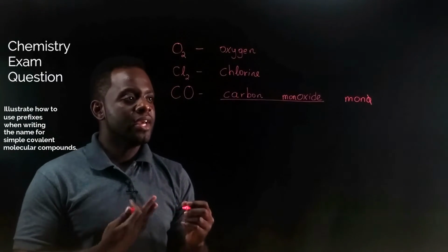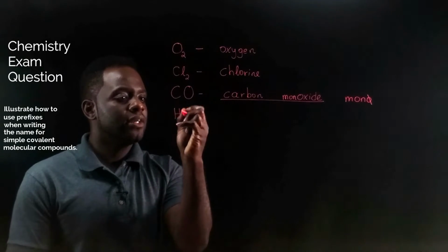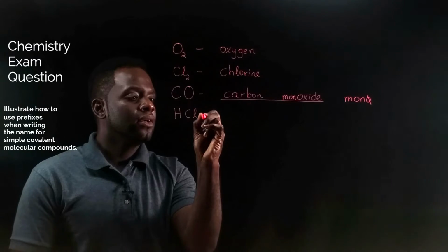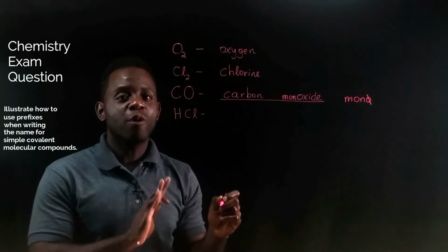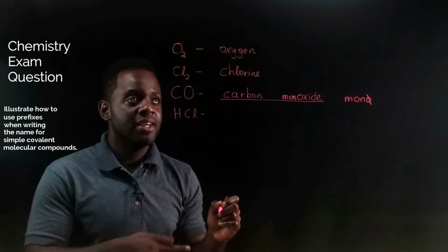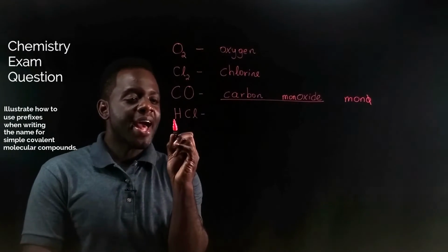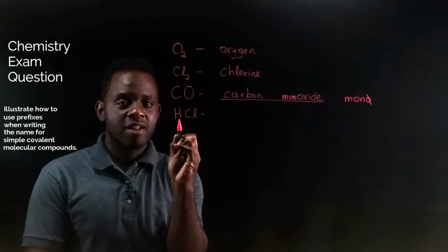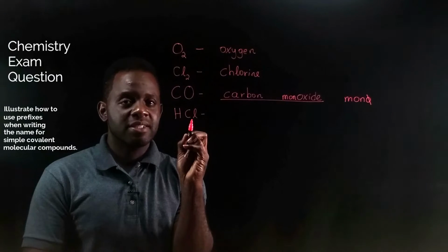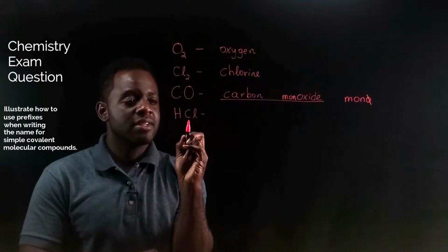Similarly, if we had hydrogen and chlorine combining, we will meet our first exception to the rules for naming covalent compounds, and that is when hydrogen is involved as the first element and the second element is from the halogens, the group 7 elements.